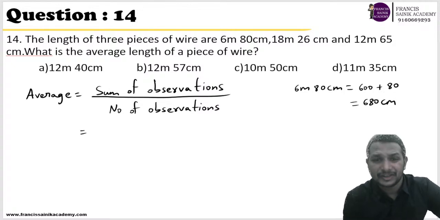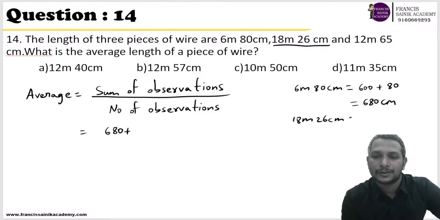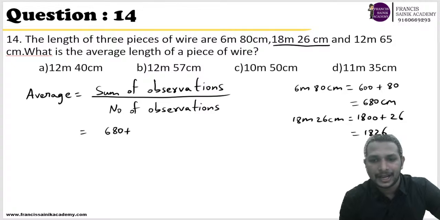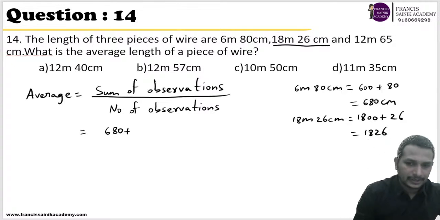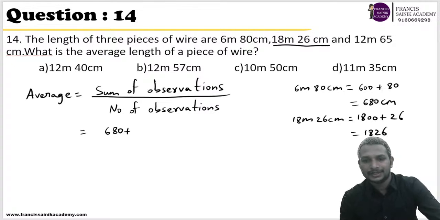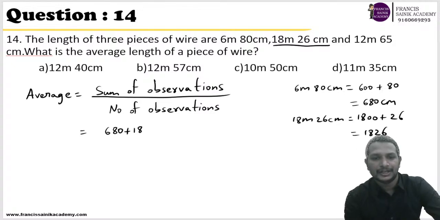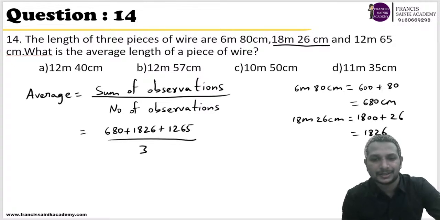Like that, if you check all of them, the first one becomes 680, and the second one, 18 meter 26, is 1800 plus 26, which is 1826. Coming to the next one, that is 1265. And how many observations are there? Just 3.